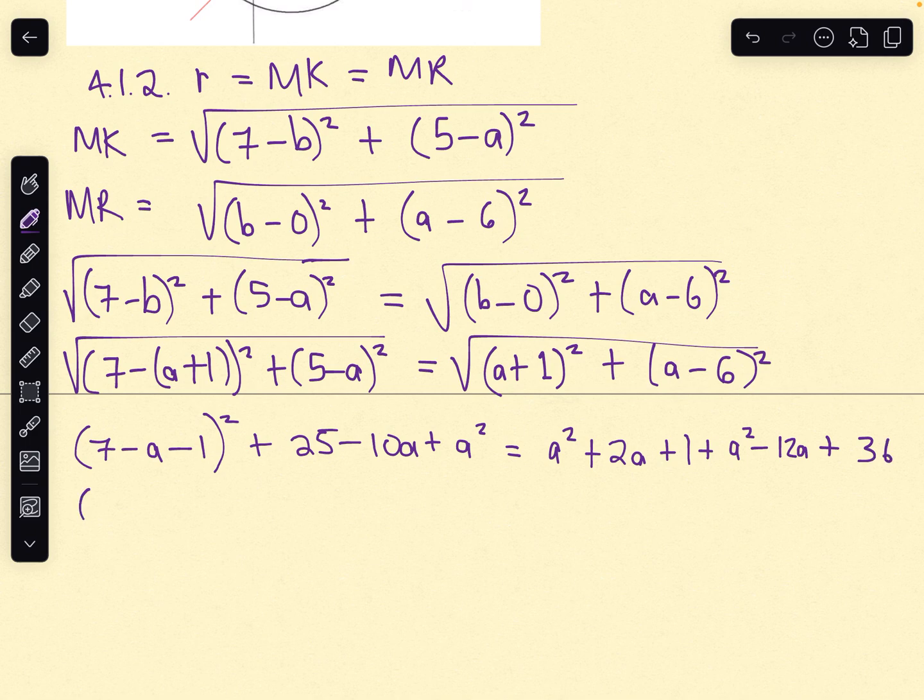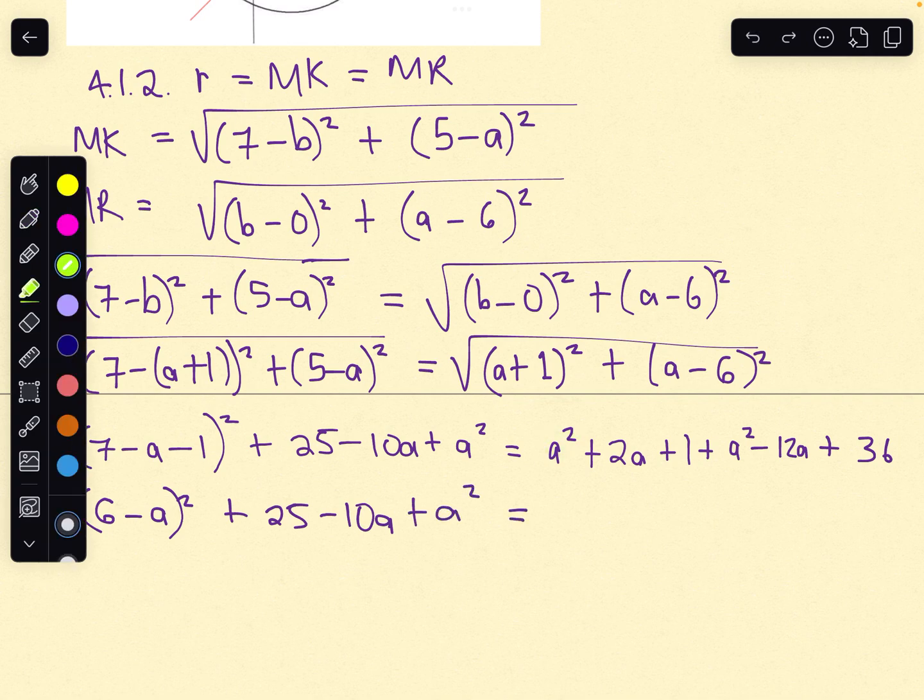Okay, almost there. So 7 minus 1 is 6, and then minus a squared, and then there's nothing left to simplify here. On this side we have a squared plus a squared, which is 2a squared.